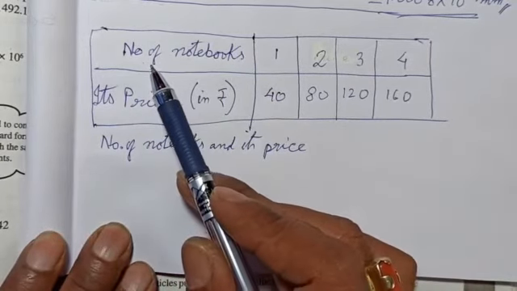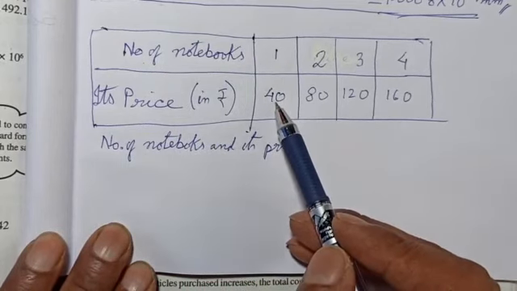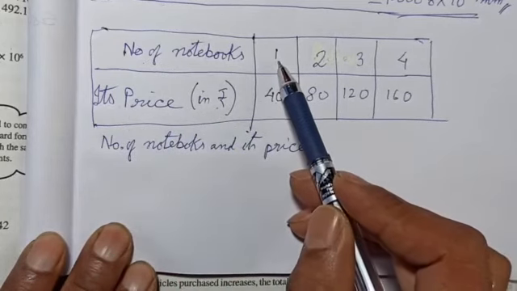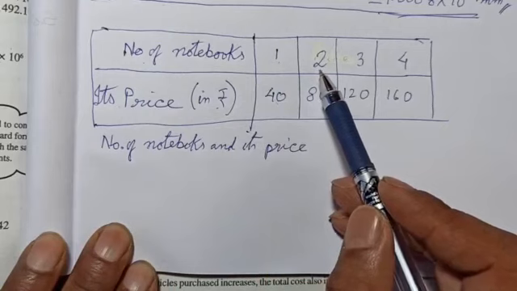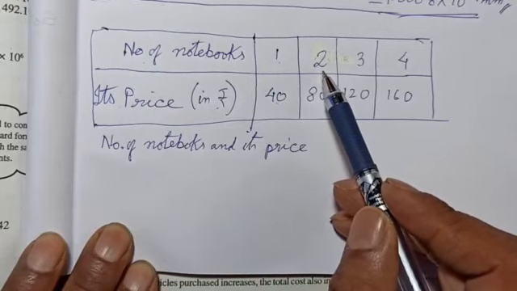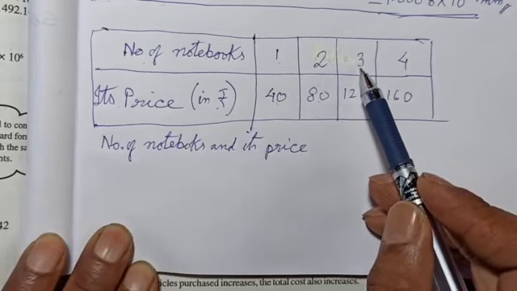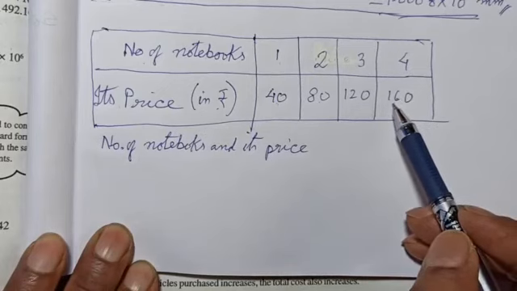Suppose one notebook costs rupees 40. The price of two notebooks is rupees 80, the price of three notebooks is rupees 120, and the price of four notebooks is rupees 160.